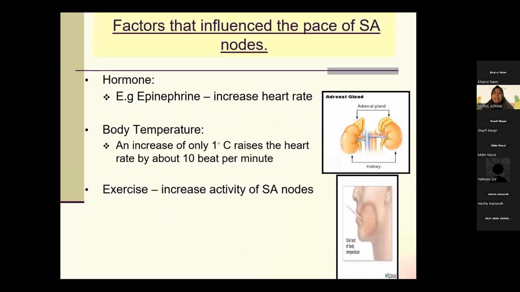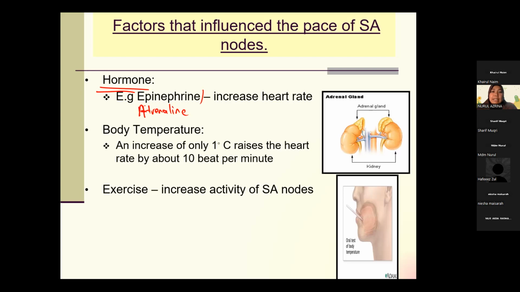Okay. The second factor is hormones, the action of hormones. There are hormones that will help to increase your heart rate. For example, epinephrine, or another name for it, adrenaline. Okay, so adrenaline or epinephrine will increase your heart rate because the target tissue of epinephrine is your heart muscle or heart cells.